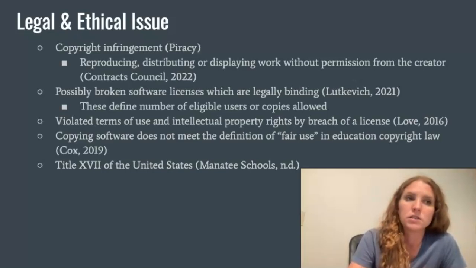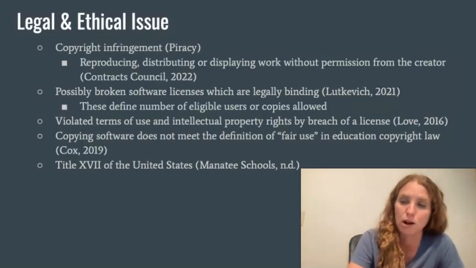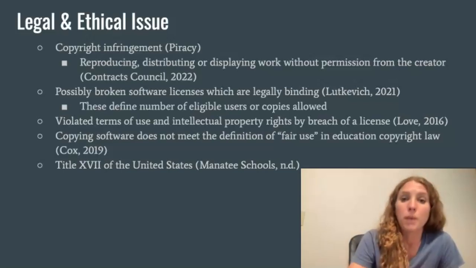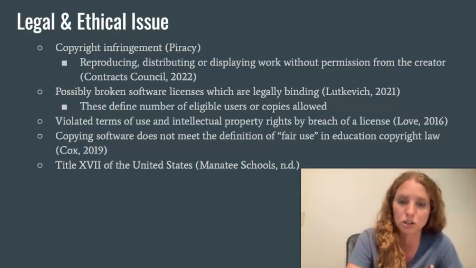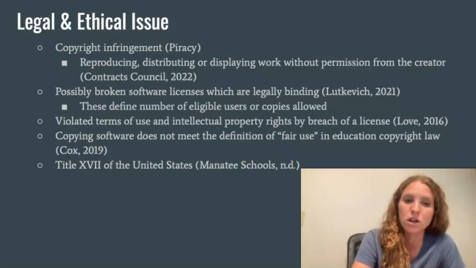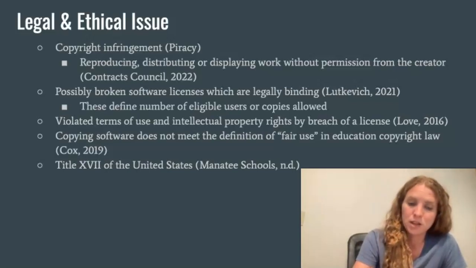These licenses define the legal number of eligible users or copies allowed of a software program. When a district or a school buys software, it almost always has a license with it, and those things are explained in there along with the terms of usage. So the terms of usage were probably violated as well.